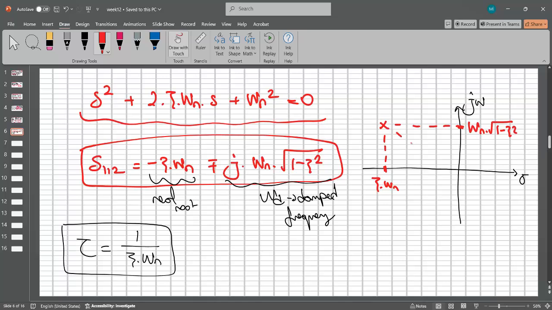Right? And so we have this kind of root in here. And so if we have positive zeta and wn, we can say that this system is stable or not. Stable. But what is the condition of stability in here? What is the condition of the stability for this system?